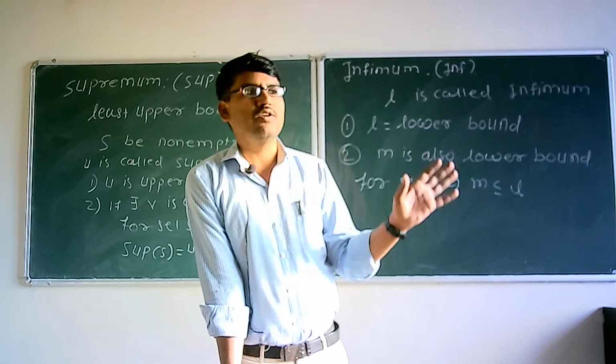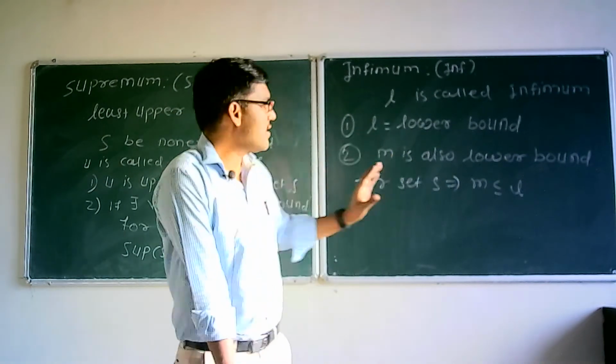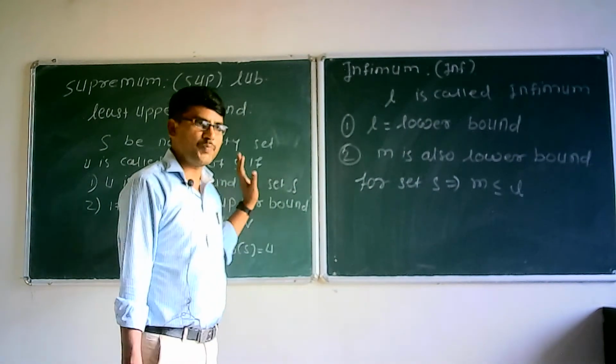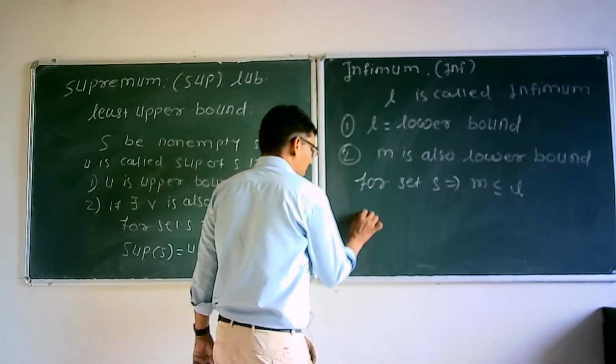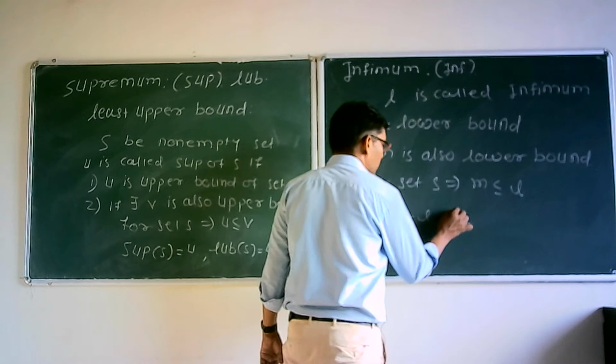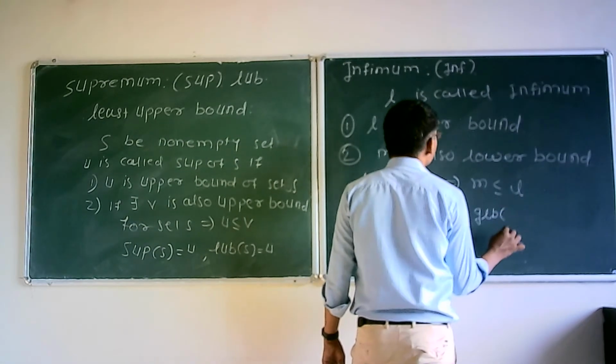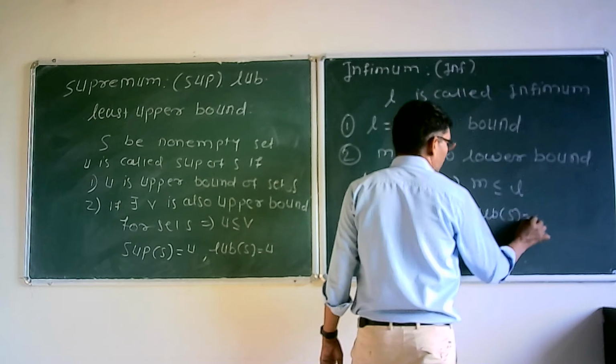If you collect all the lower bounds, then the greatest of them is called the infimum. The least of the upper bounds is called the supremum. Infimum is denoted by INF of S is equal to L, or GLB of S is equal to L.